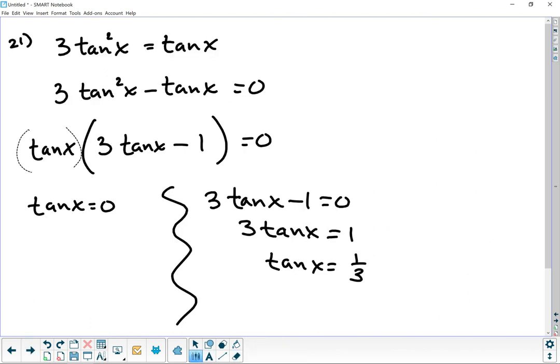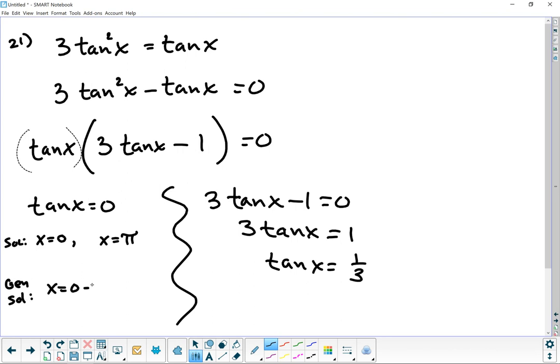So the answers are x equals 0 and x equals pi radians, or you can say x equals 0 plus pi k.